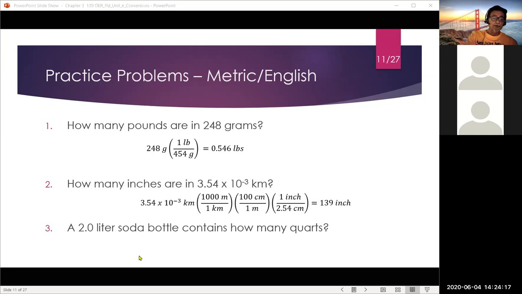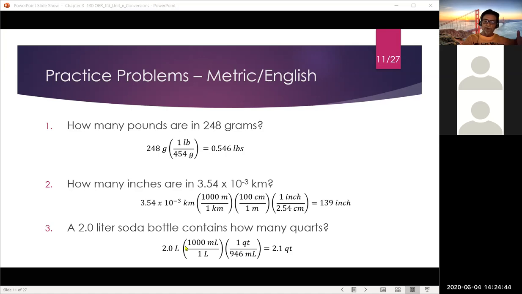All right, the next question is, how many quarts does a 2.0 liter soda bottle contain? So I'm given 2.0 liters. I have the conversion factor that 1 quart is equal to 946 milliliters. That's given to you. So that puts me in milliliter units.